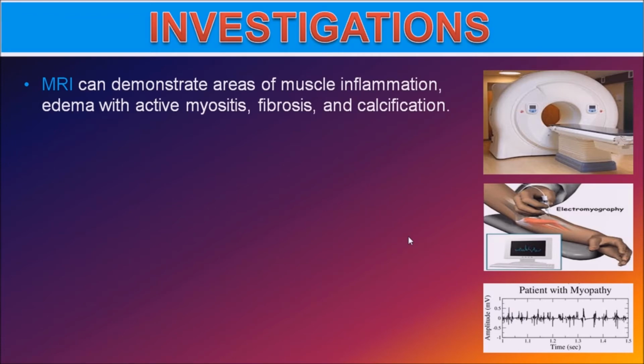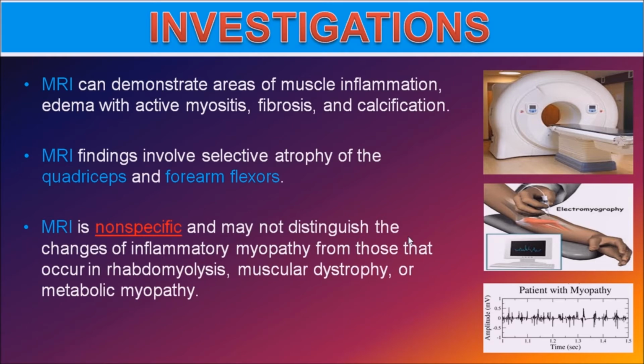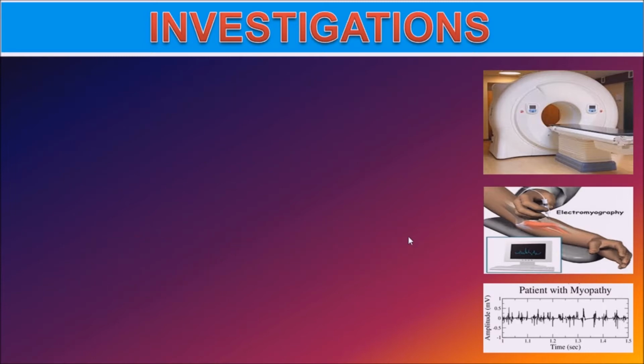Investigations. MRI can demonstrate areas of muscle inflammation, edema with active myositis, fibrosis, and calcification. MRI findings involve selective atrophy of the quadriceps and forearm flexors. MRI is non-specific and may not distinguish the changes of inflammatory myopathy from those that occur in rhabdomyolysis, muscular dystrophy, or metabolic myopathy.